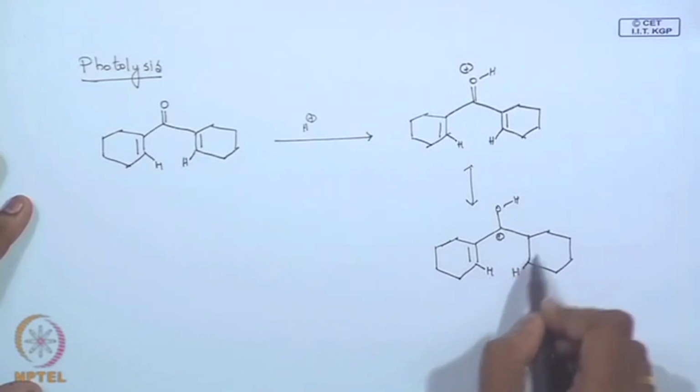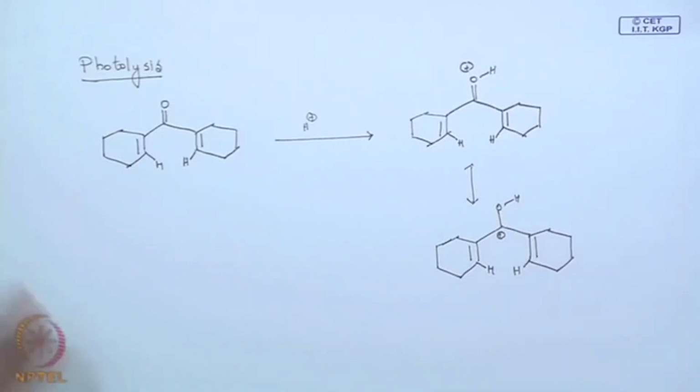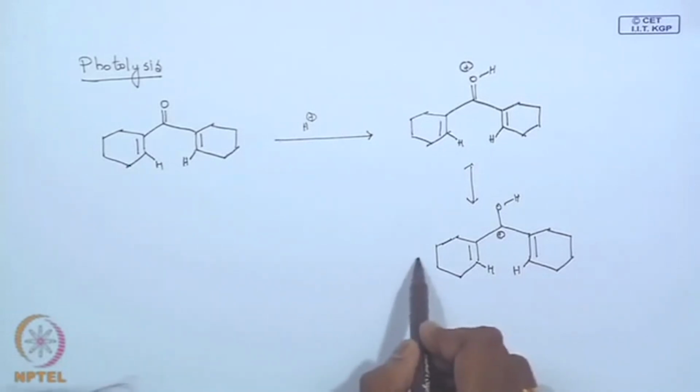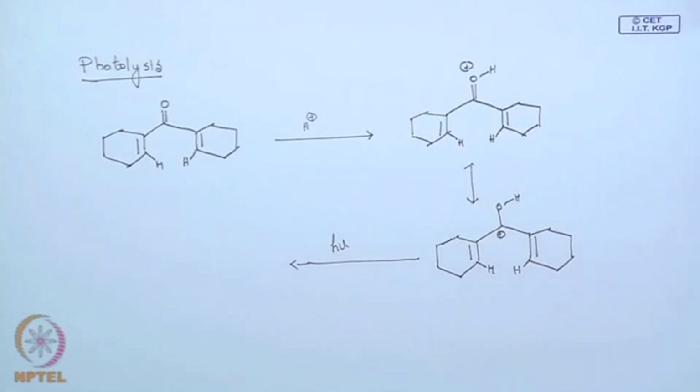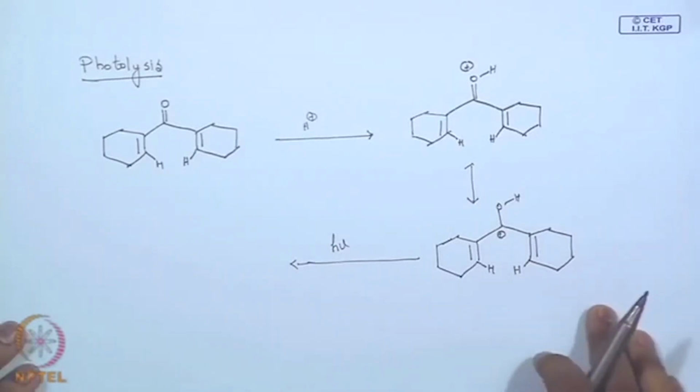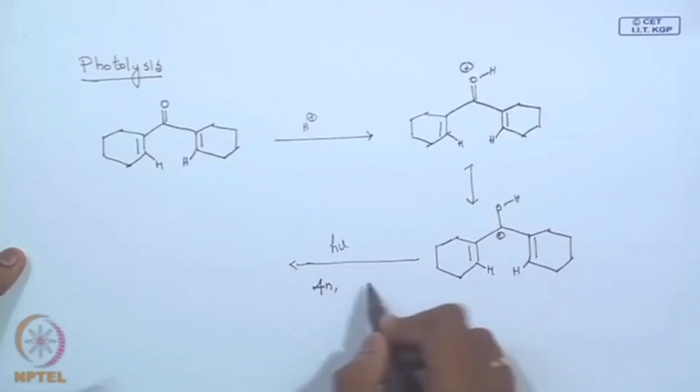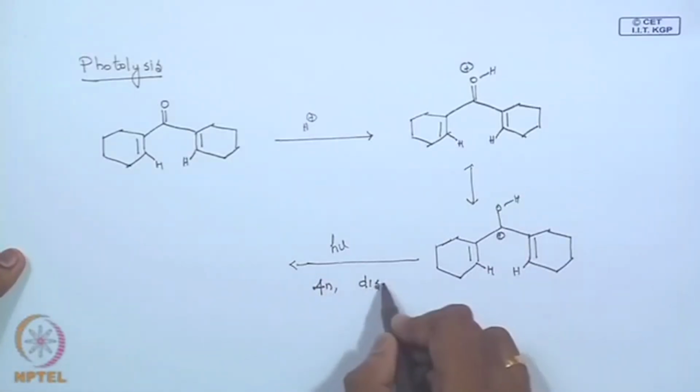Clear? Fine. Now from here it is important again. So under photolysis, what happens? This is a 4n system. Previous case it was heating, so heating, 4n system, what? Conrotation. Photolysis, 4n system, yes, this.